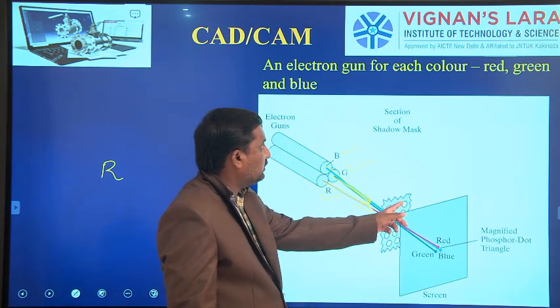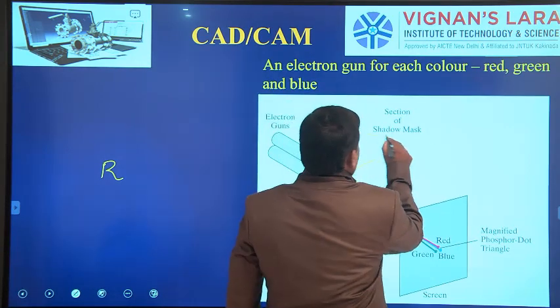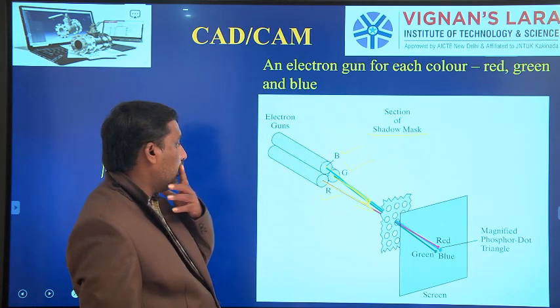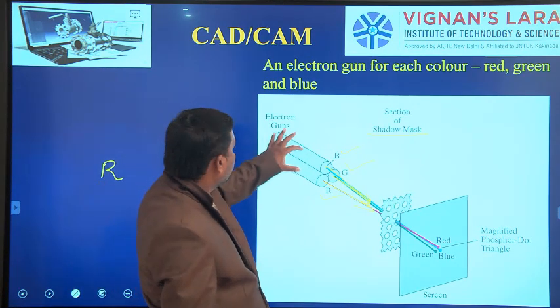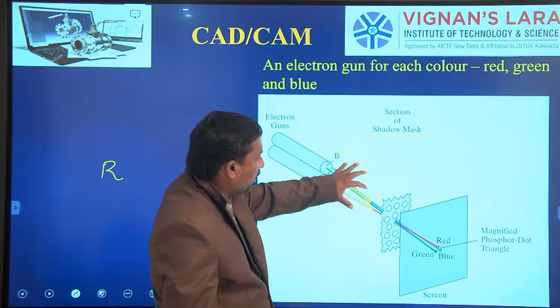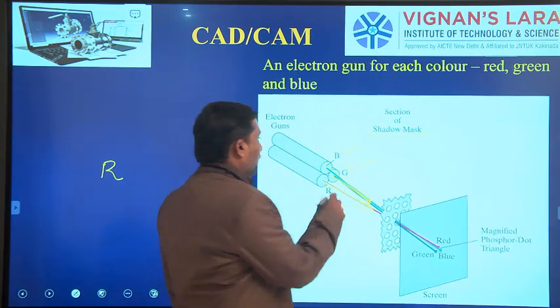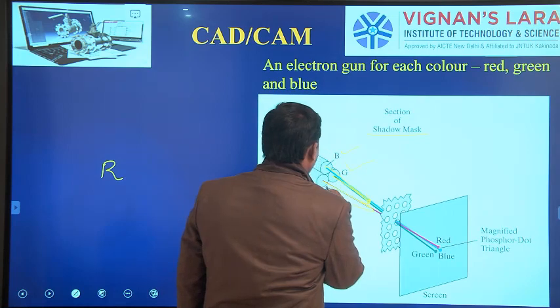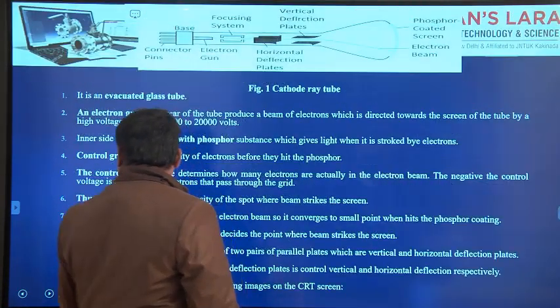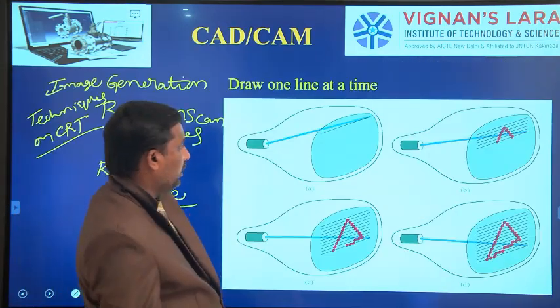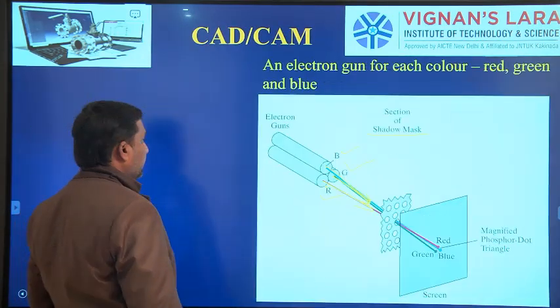And this one is the section of the shadow mask. The generated 3 colored electron beams have intensity varying from blue to green, green to red, and red to blue. So here intensity variation occurs.